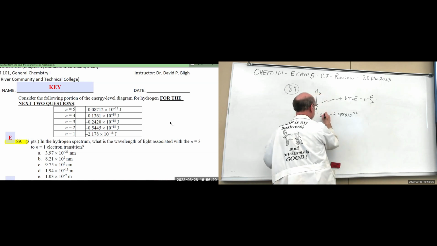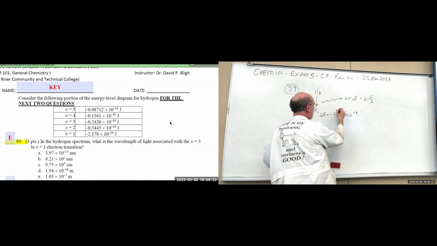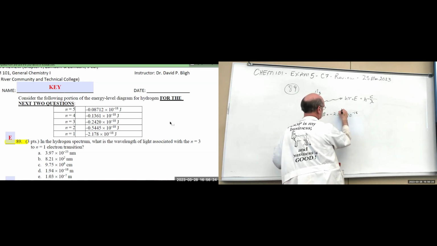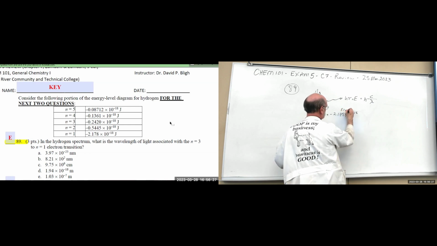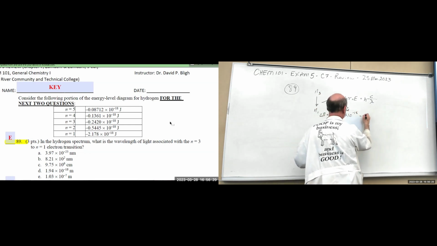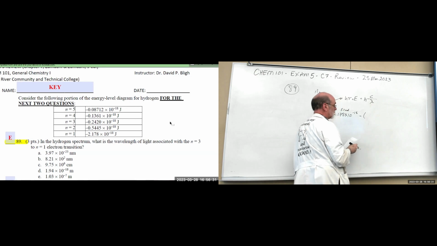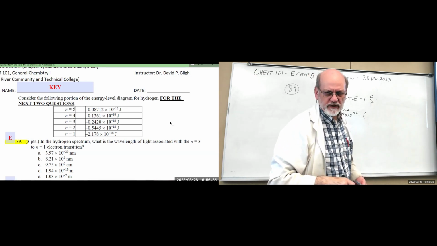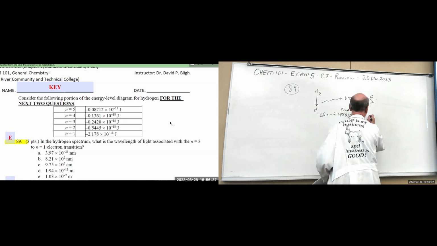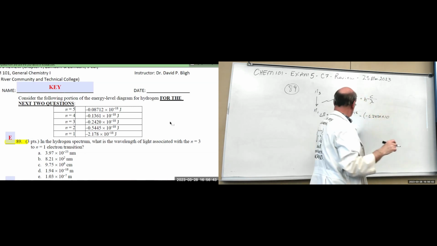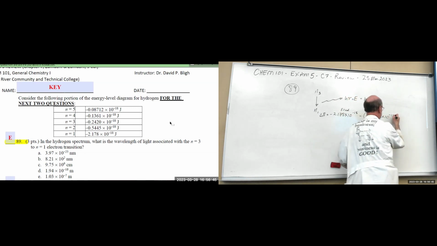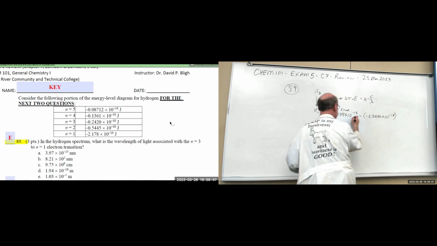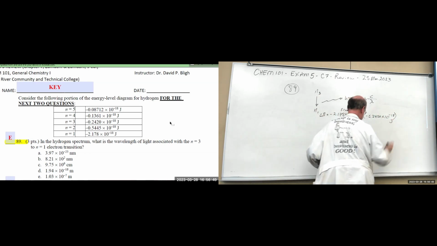This is a change in energy. This is final, right? Final minus initial. And initial is going to be 3. So 3 is minus 0.2420 times 10 to the minus 18. And this is in joules.